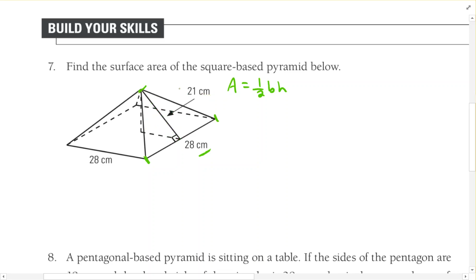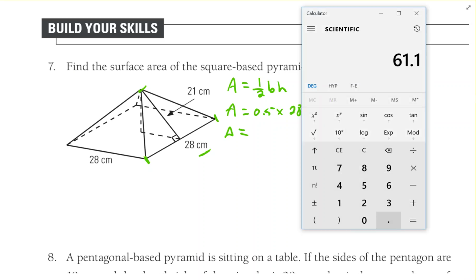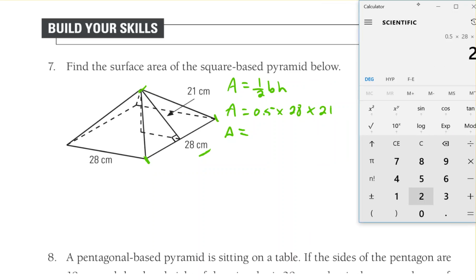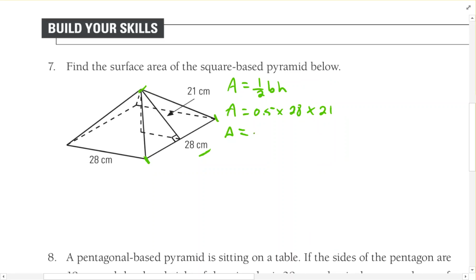So if we want to figure out the surface area of one triangle, that would just be area is equal to 0.5 times the base is 28, and the height of this one is 21. Okay, so the area there is going to be 0.5 times 28 times 21. 294.